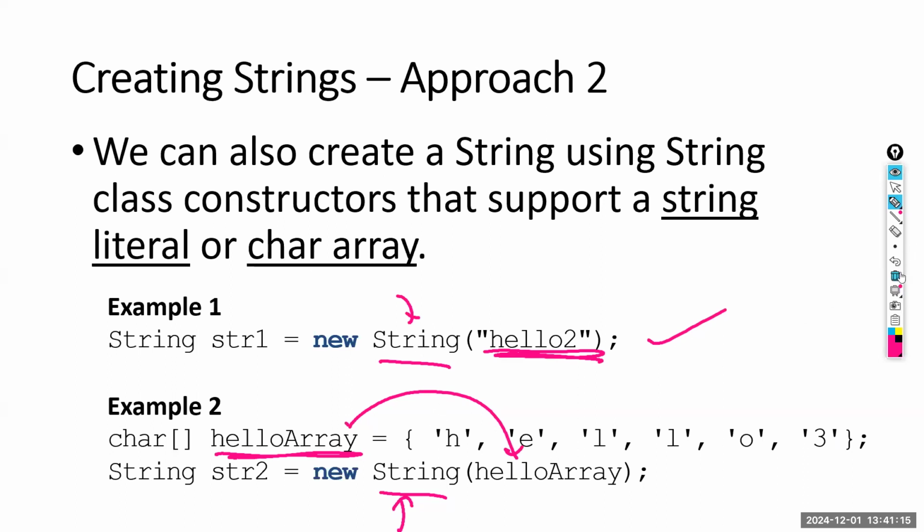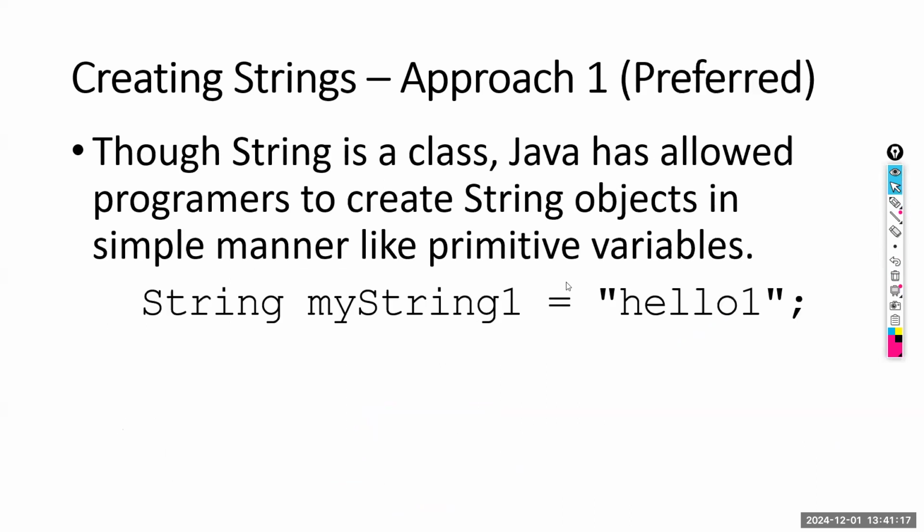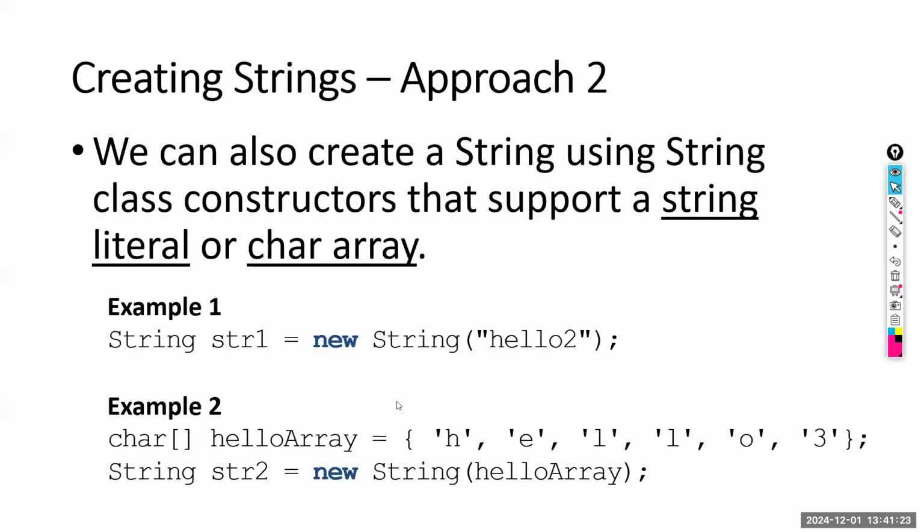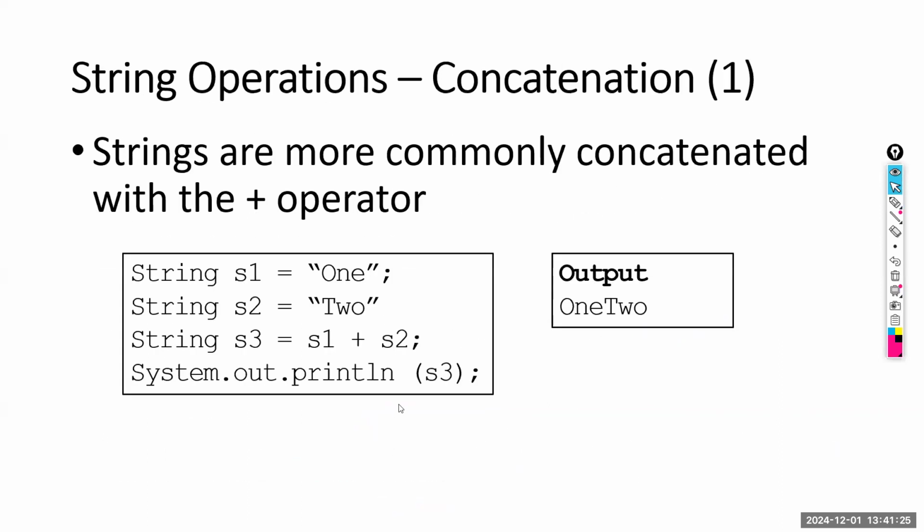But the easier and more preferred option is you just create it like this. Okay. Don't worry about creating objects. Okay. But these are possible. Right. So then a few operations. Okay. You can concatenate strings using the plus operator. So the plus operator is overloaded. If both are numeric, it acts like addition.